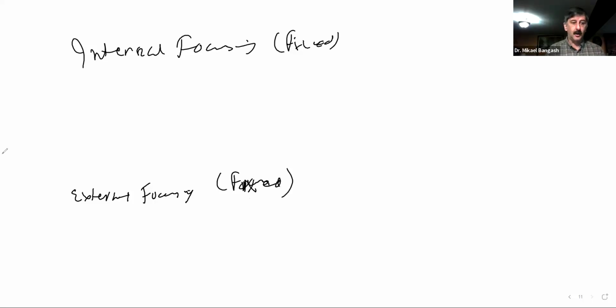Now, as I said earlier, this is going to be determined all by the make or the construction of your transducer, which will be able to set that focal point, which is going to be fixed.